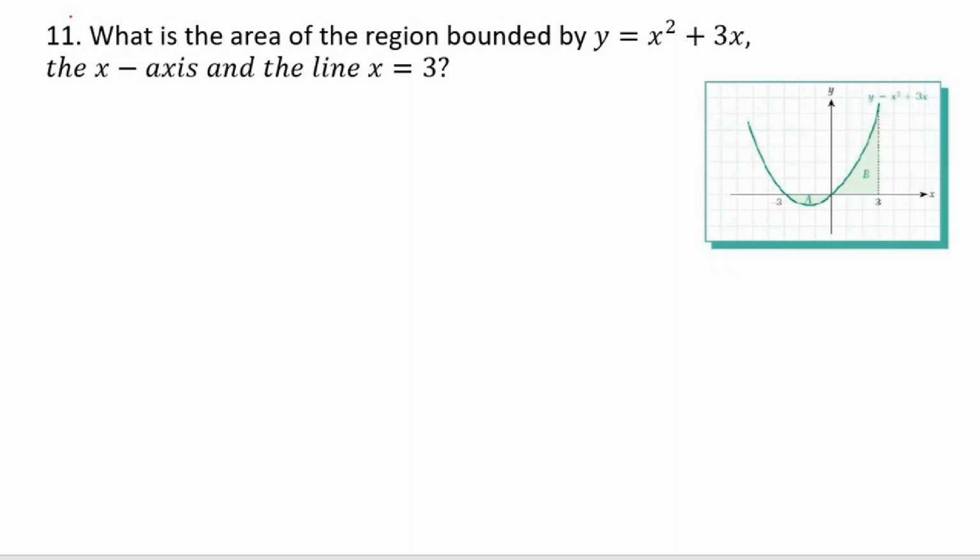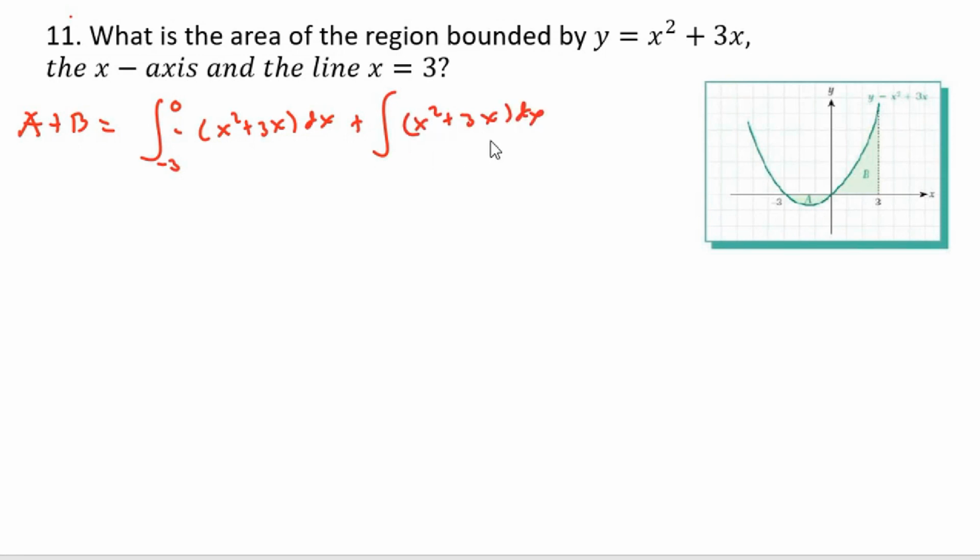So the total area A plus B is equal to the integral of the negative of x squared plus 3x dx evaluated from negative 3 to 0, plus, for the area B, the integral of x squared plus 3x dx from 0 to positive 3.